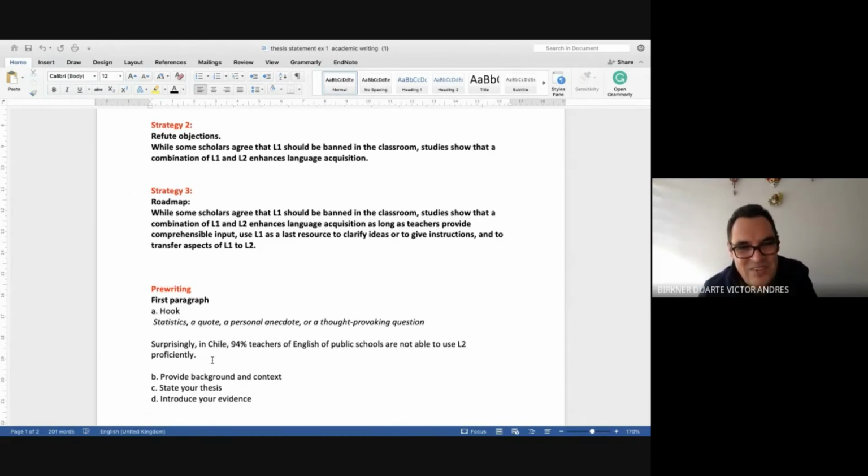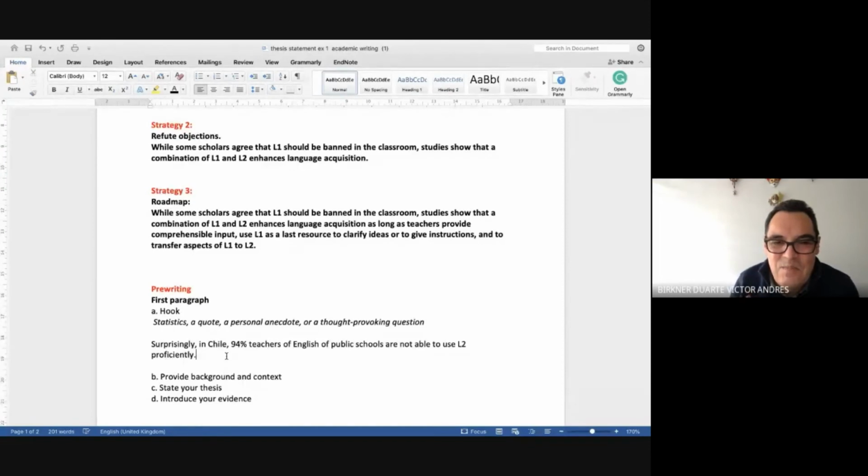Unfortunately, it's true, right? And yes, I took this from an article that I read the other day, and it shows clearly that many teachers who work, for example, in public schools, you know that public schools are the most vulnerable schools in Chile. You don't have, for example, books, or sometimes you have some books, but they're not good quality, and the students don't want to learn English, and you know everything that probably you have witnessed during your practicum, all right?